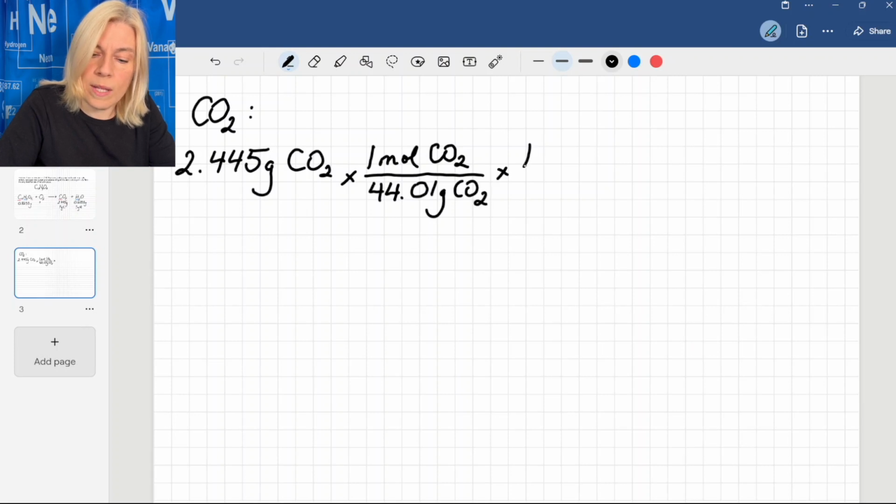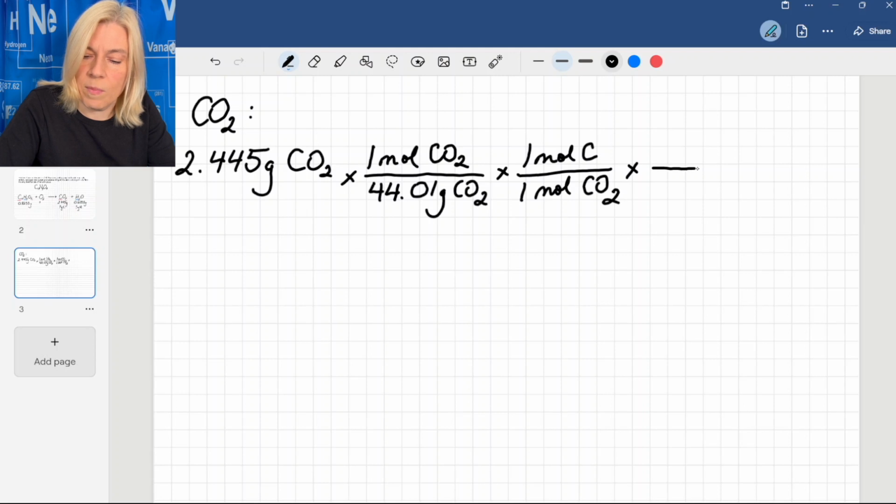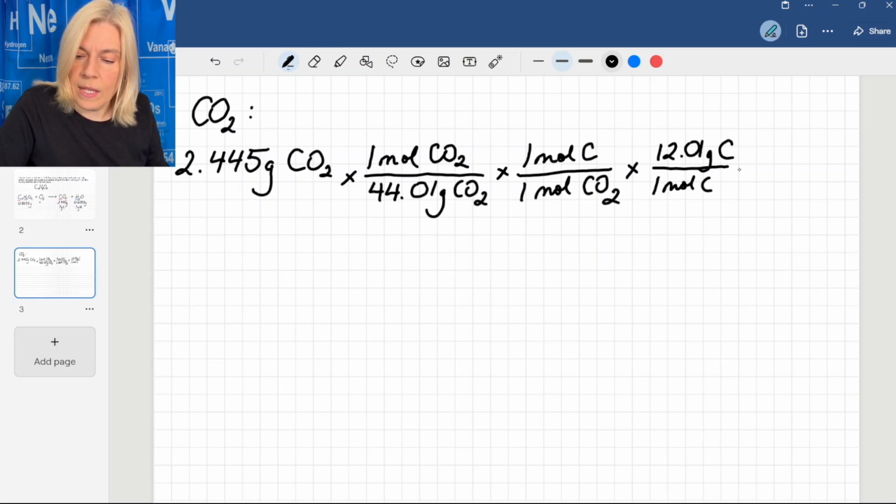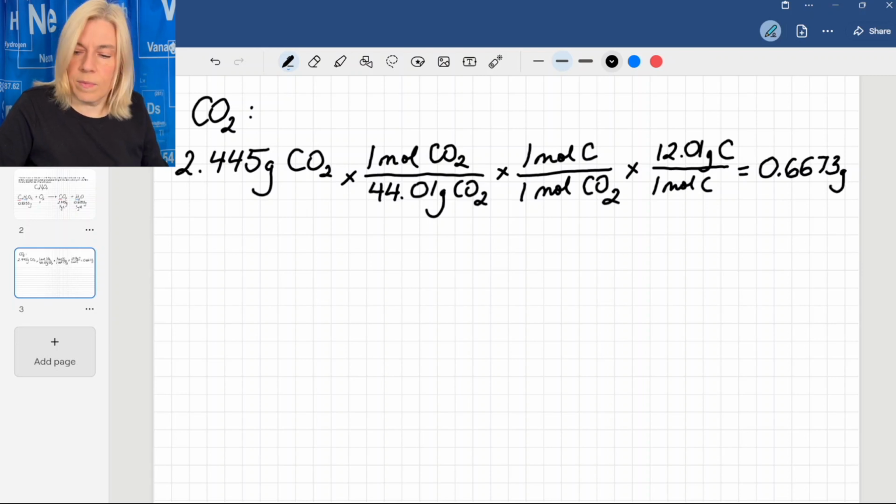There is 1 mole of carbon in the sample per 1 mole of CO2. And now let's figure out how many grams of carbon, and we have 12.01 grams of carbon per 1 mole of carbon. And if we do this calculation, we're going to realize we will have 0.6673 grams of carbon.